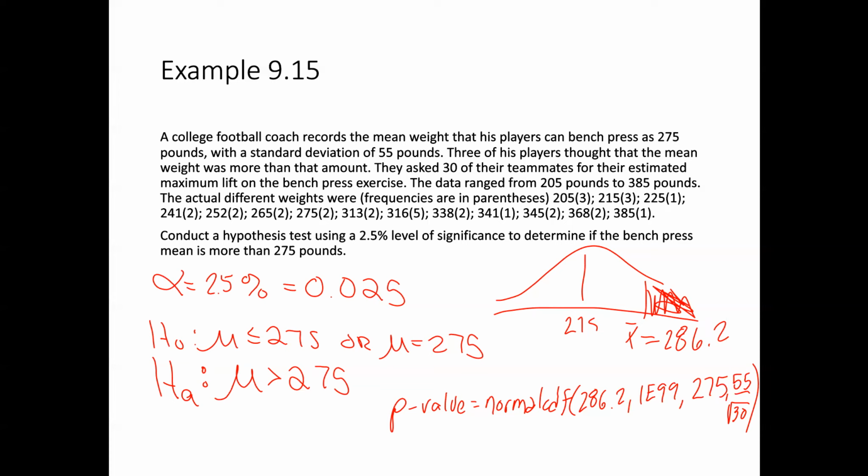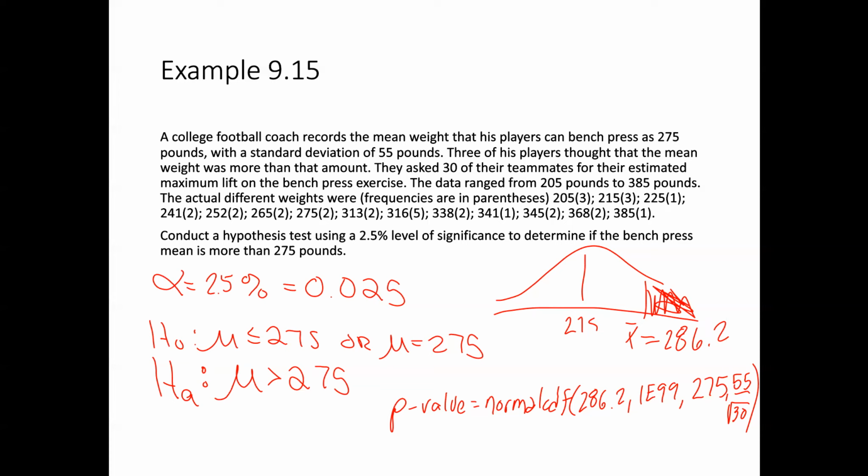All right, this is a right-tailed test, correct? Because we're looking at mu is greater than 275. So I need to change this to a right-tailed test, greater than. Okay. Coach says it's 275 with a standard deviation of 55.